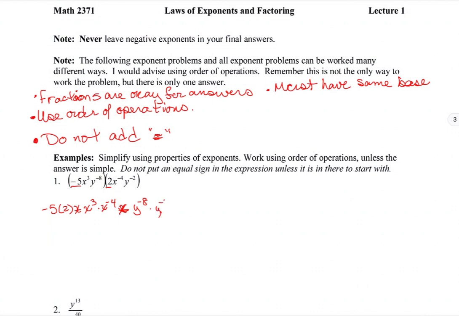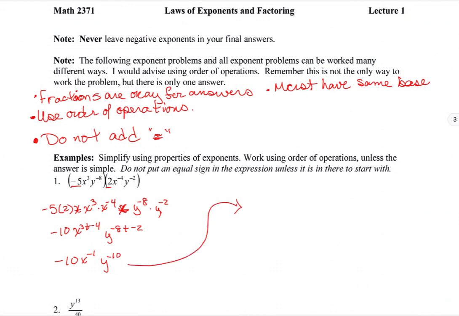Y to the -2. So this is -10 x. I add these two, 3 plus -4. Y to the -8 plus -2. So this is -10 x to the -1, y to the -10.